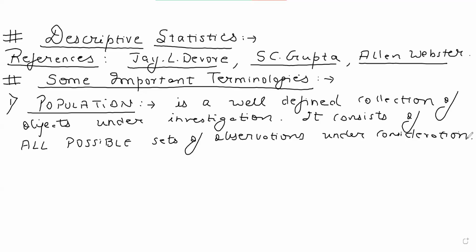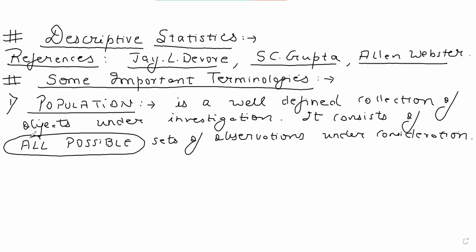That means, students, when we are dealing with the population, we are dealing with all possible set of observations that the concerned population can have. For example, if I have to check how the undergraduate economics students are performing, I will have to look at all possible universities in that particular country. For example, if I have to see how the students studying undergraduate economics are performing in the US, then my population is going to be the set of all possible universities in the US.